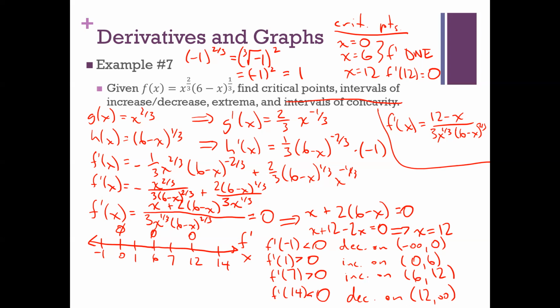They exist at places where the derivative is 0, which is the most common thing, or where else? Or the derivative does not exist. Where the derivative fails to exist. And one more thing to amend that, they might exist there. For example, the derivative fails to exist at 6, but it's increasing on both sides, so that can't be an extremum.